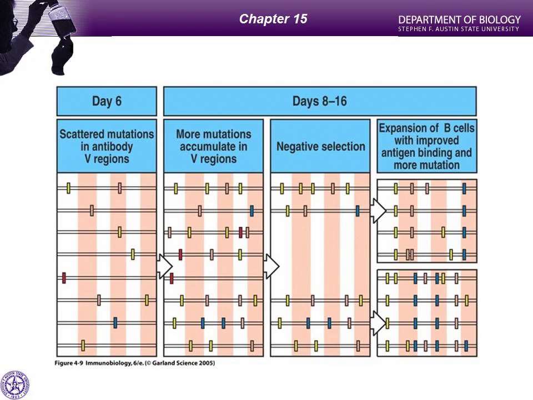We go into days 18 through 16, we have even more mutations. But once we get into this middle range, notice that 3 of our 8 disappear. Now, this is referred to as negative selection. Why do you think 3 of these 8 disappear? Remember, we've got the receptor that can bind antigen. But as we mutate our gene and change the protein, invariably, what are we going to do to that protein?